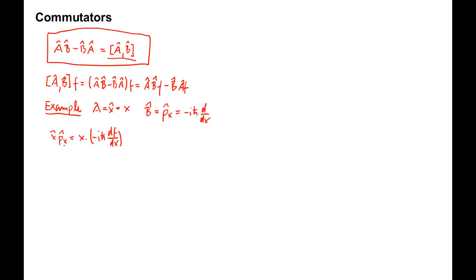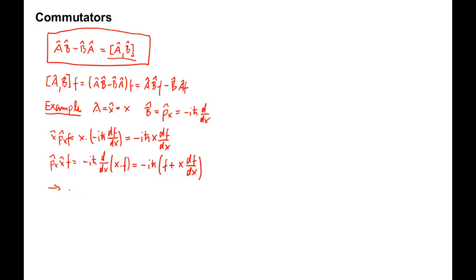We have applied the px operator to a function f first, and this is equal to minus i h bar x df/dx. The second term, BA, equals px hat x hat f, which is minus i h bar d/dx of the product of x times f. Now here we have to apply the product rule, and we get minus i h bar times f plus x df/dx.